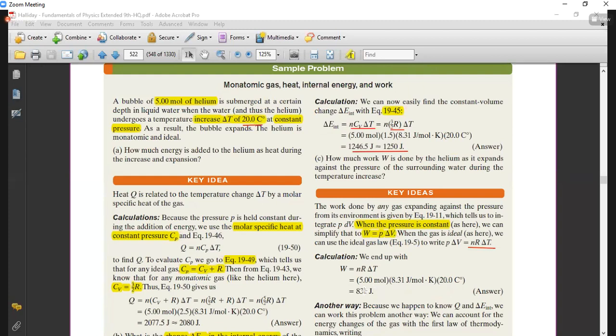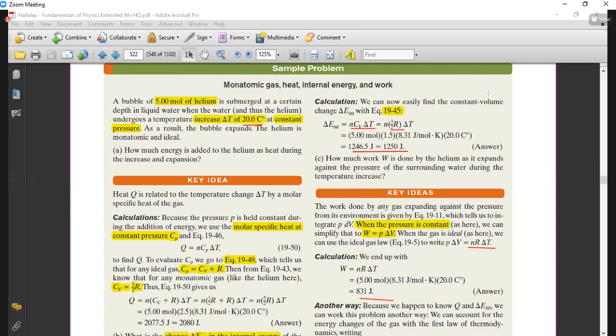Now you will just put the values and this is the answer.